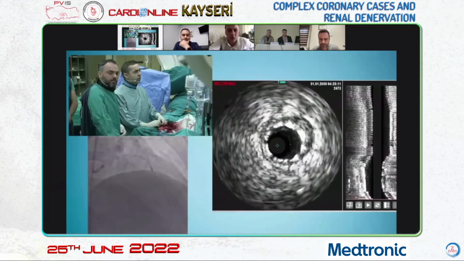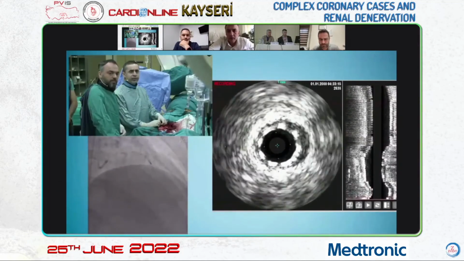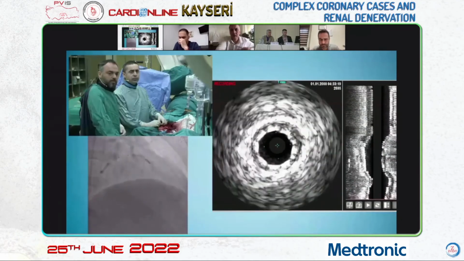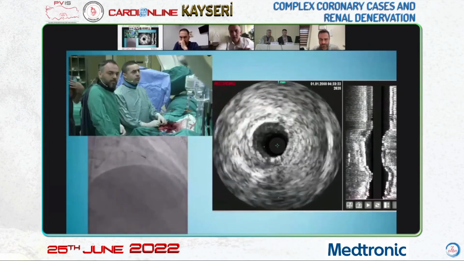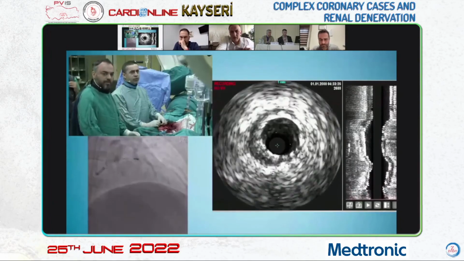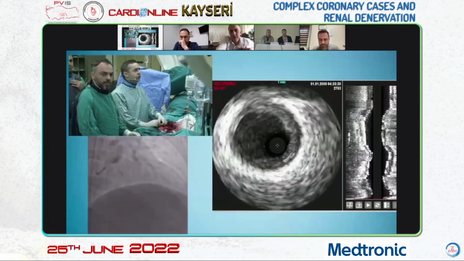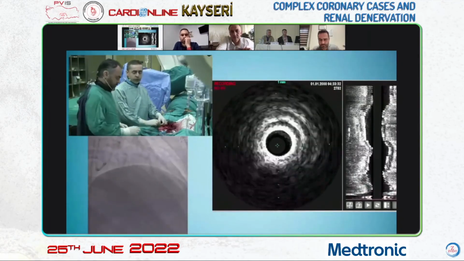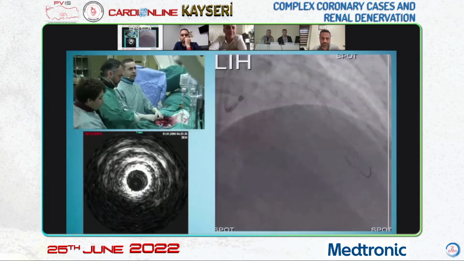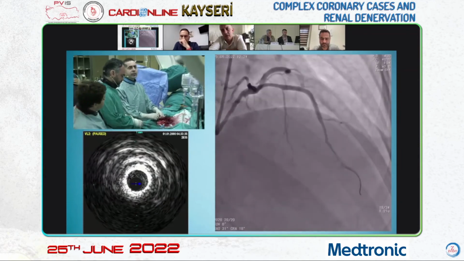If there's an increase in the lumen size, that makes us think of a branch. I'm pulling it back. Let's focus on the branch. I can see the branch there. We will plot this area once again. We will finalize the case.